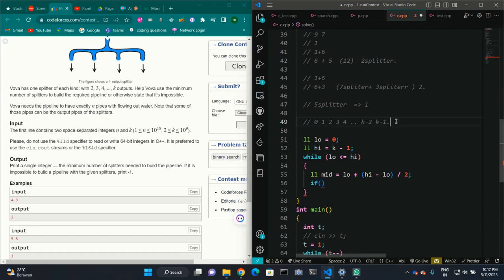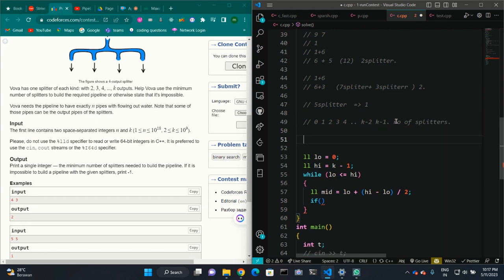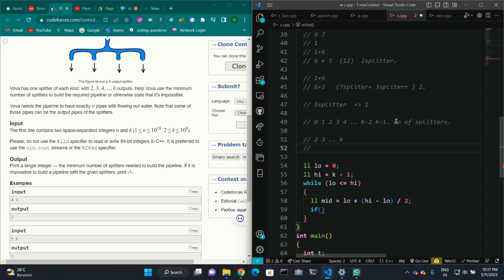This number of splitters. The capacity is 0.22, okay? But if I use the last splitter, then how many outputs are generated? One plus k minus one.